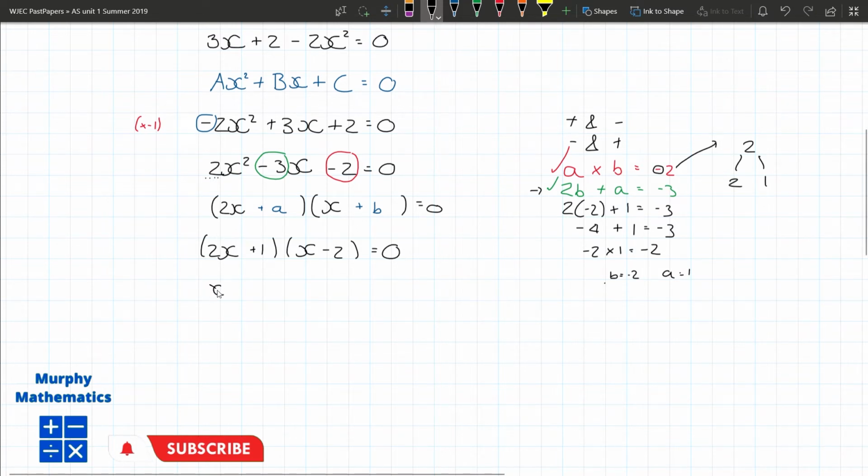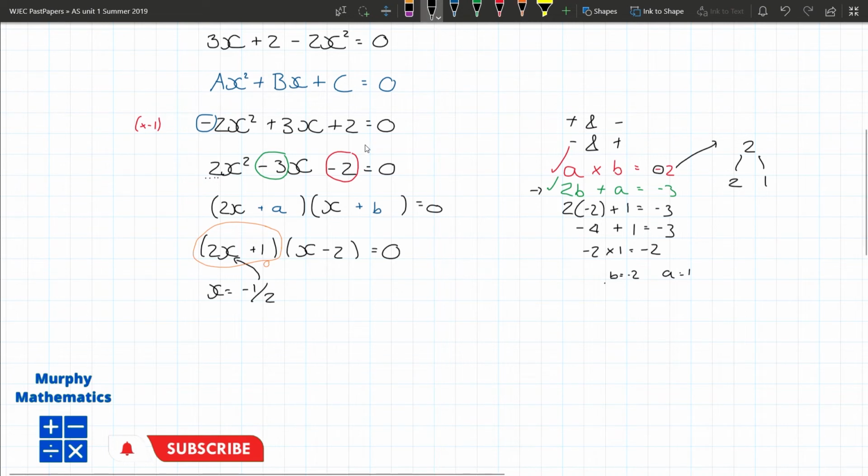So here we go. We're going to have x equals minus a half for the first one. And basically what this is saying is when we put minus a half in as x, this bracket will equal 0, and then our whole equation will equal 0.